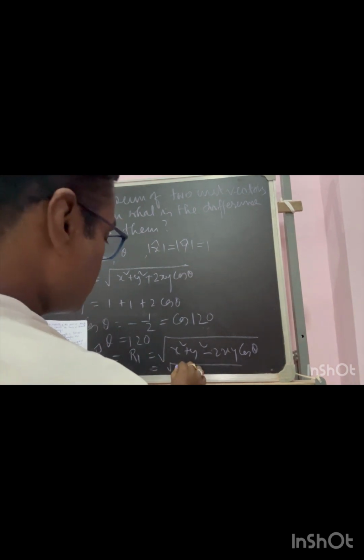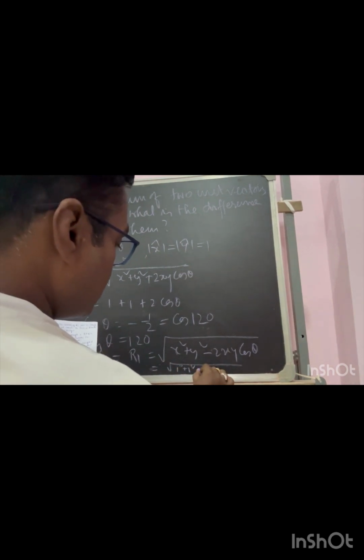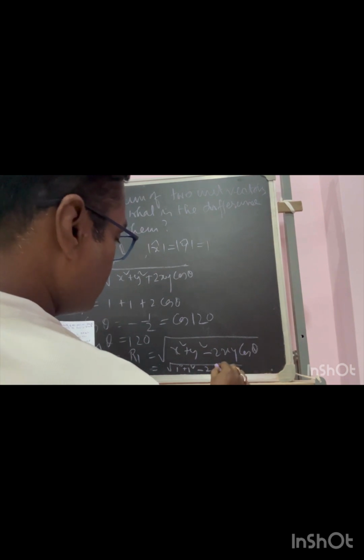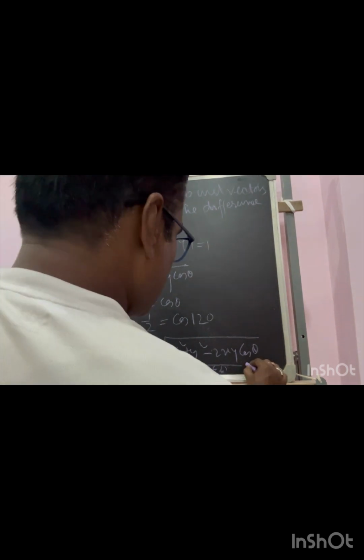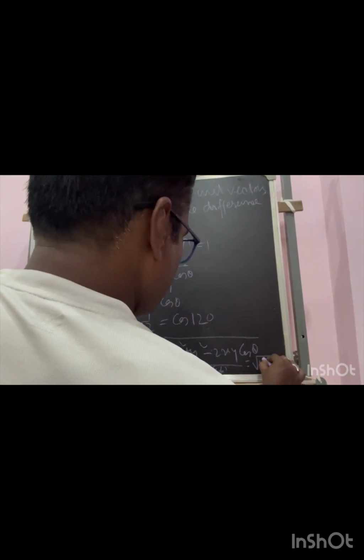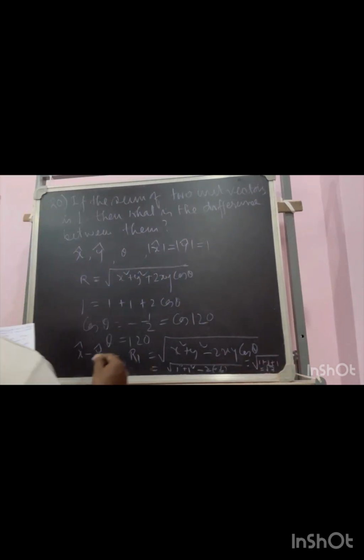So this is 1 square plus 1 square minus 2, and cos theta you know is minus half, so this minus and plus 2 cancel out, ultimately it will be 1 plus 1 plus 1, so that means root 3. So the difference will be root 3.